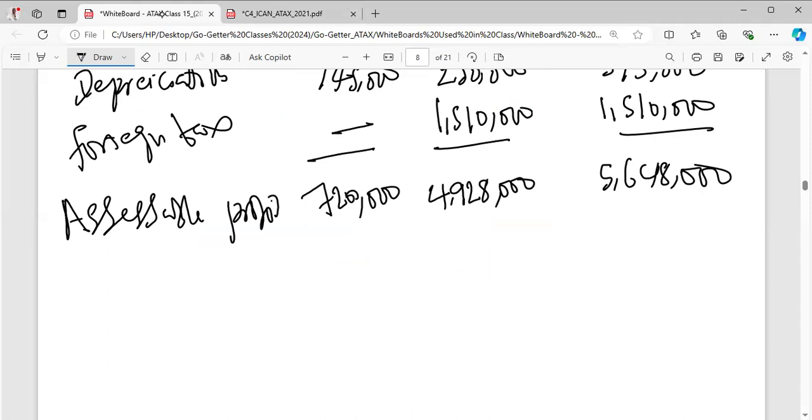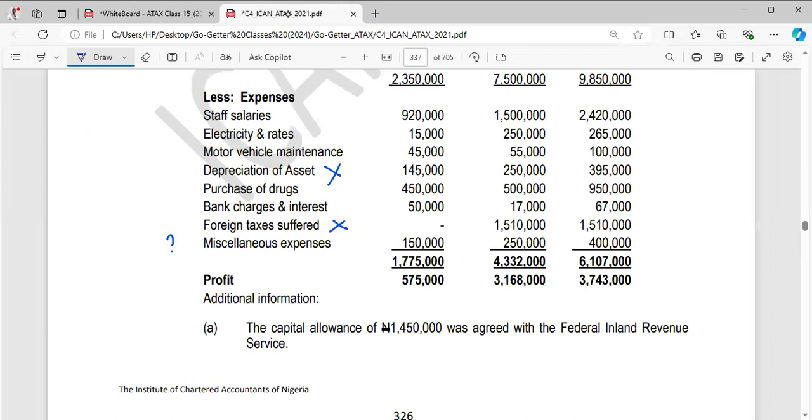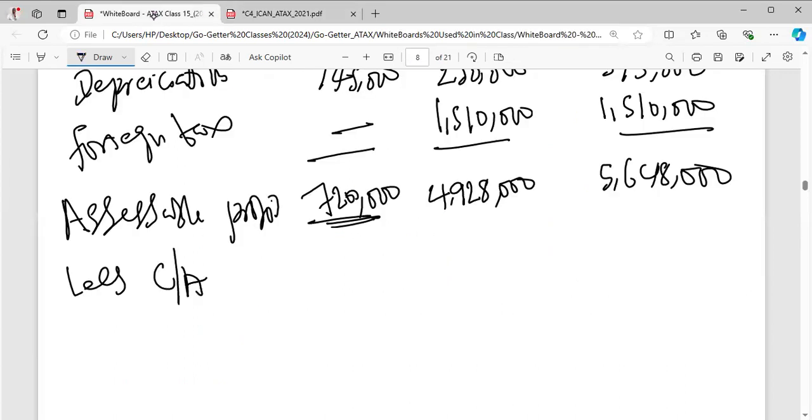So what you will now do, you say, so this one has ended here. You now say less capital allowance 1,450. So dash here because we don't know. So this is the capital allowance it's paying for the whole of Nigeria.